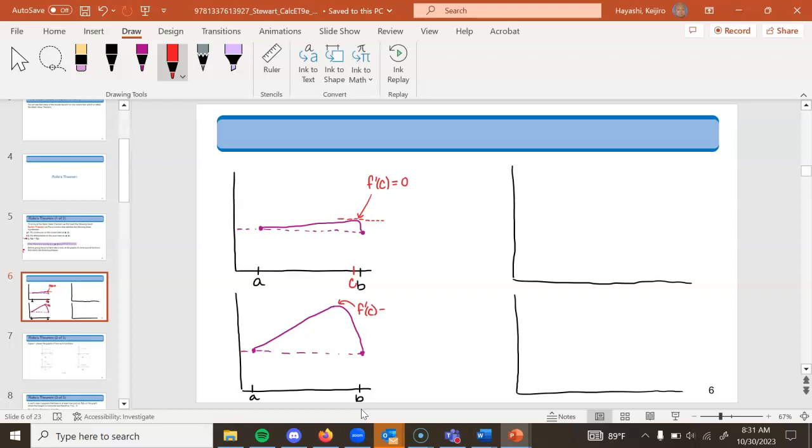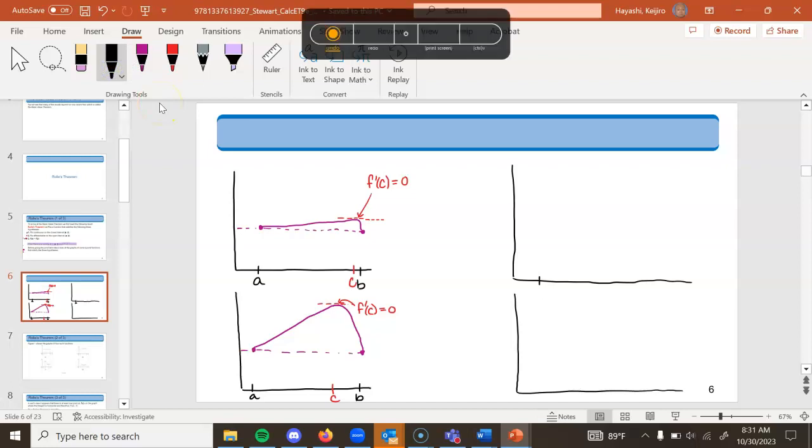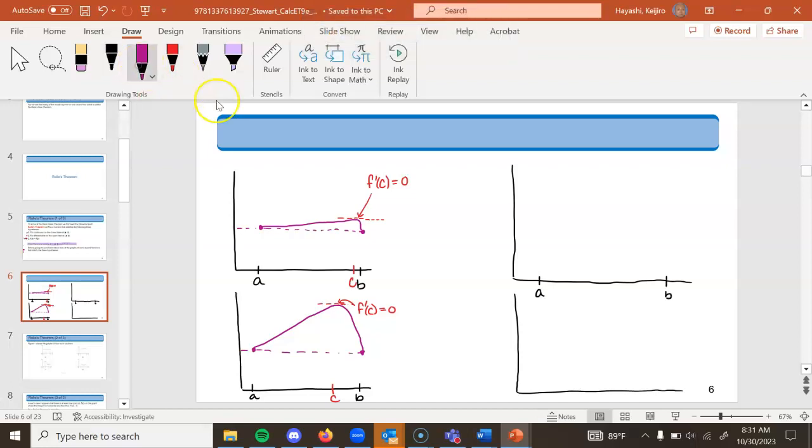So f prime of C will equal 0 here. And it can happen multiple times, but it is guaranteed to happen at least once.